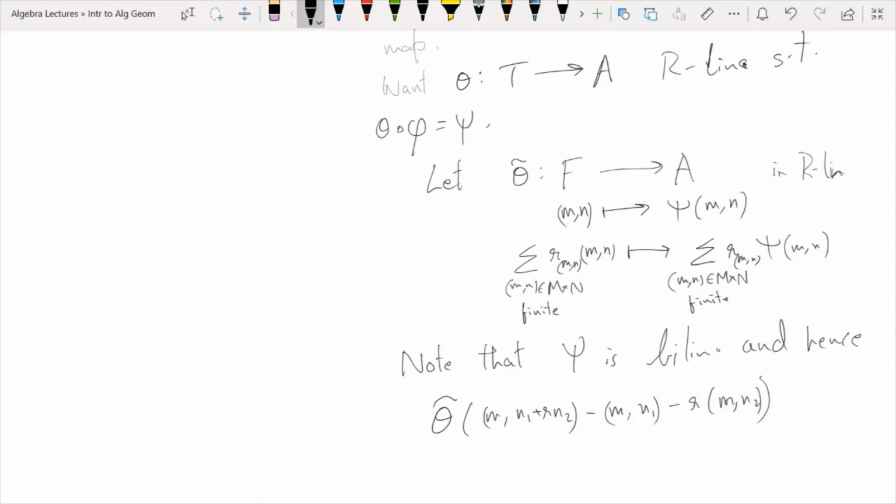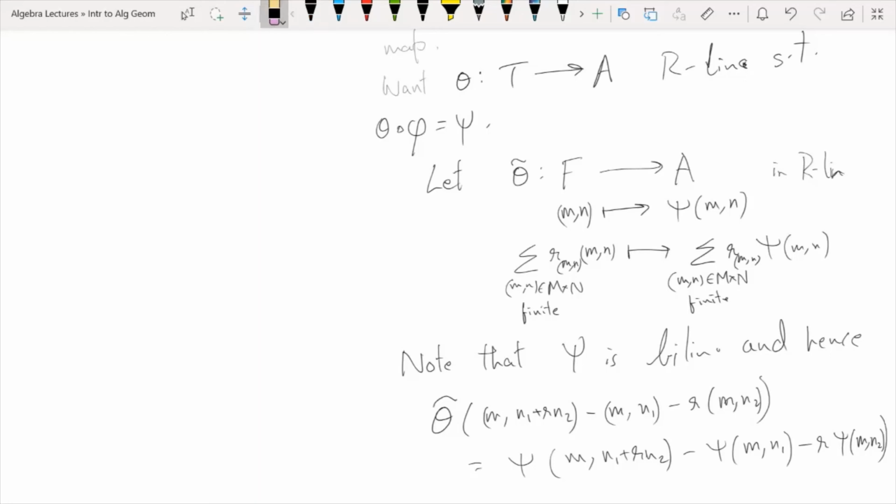So theta tilde of this guy is by definition just C of (m, n1 + r n2) minus C of (m, n1) minus r times C of (m, n2), since theta tilde we are extending linearly.